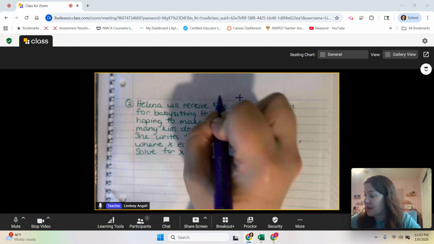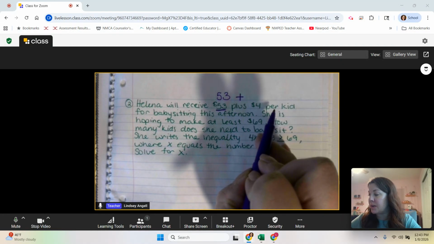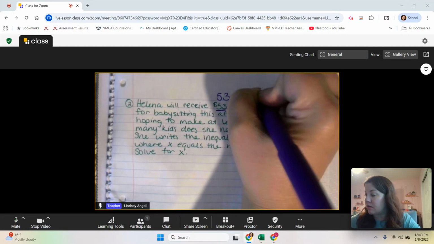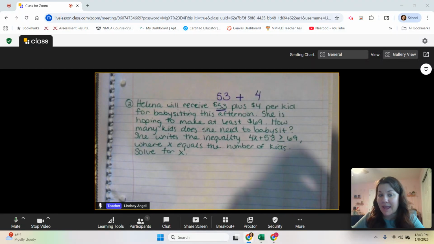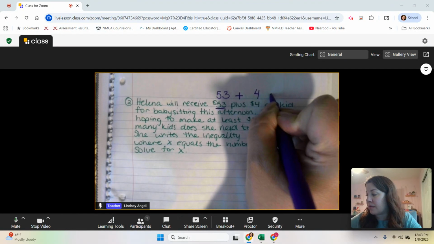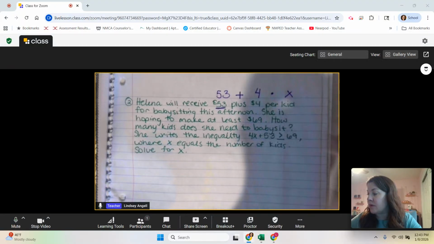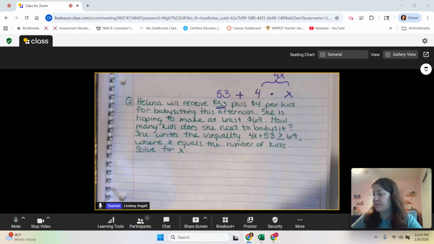So 53 plus, and then $4 per kid. Well, we know that kids are represented by x in this case, and per means to multiply. And we can put those together to be 4x.